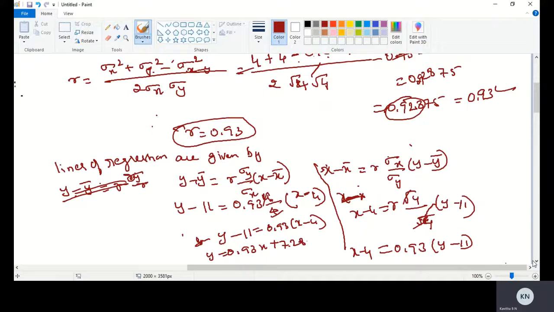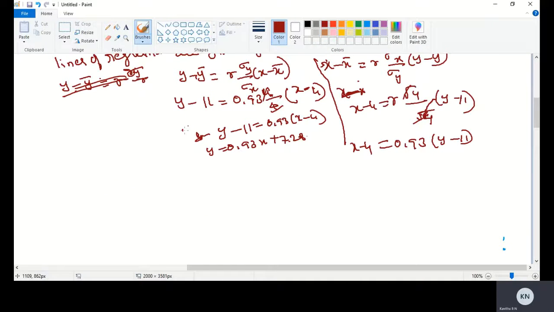Simplify, you will get x is equal to 0.93 y minus 6.23.